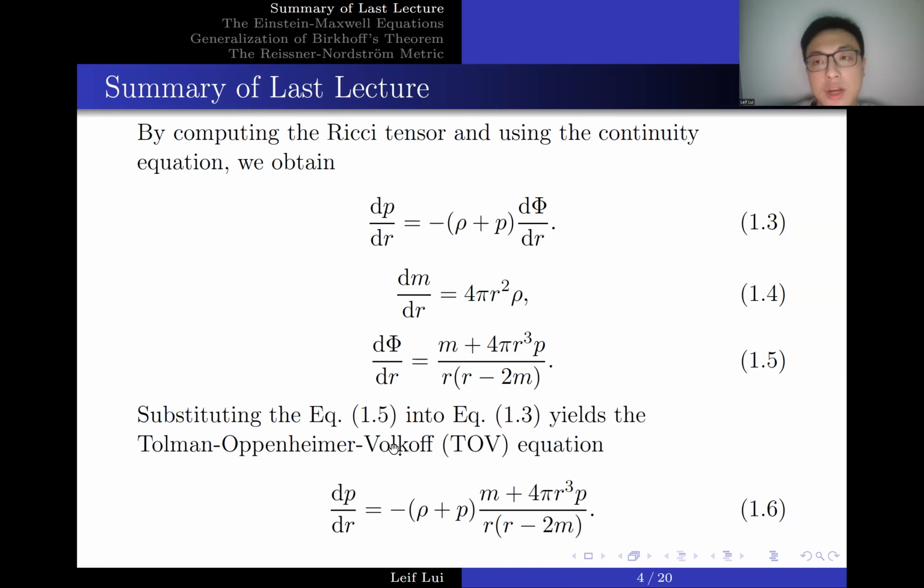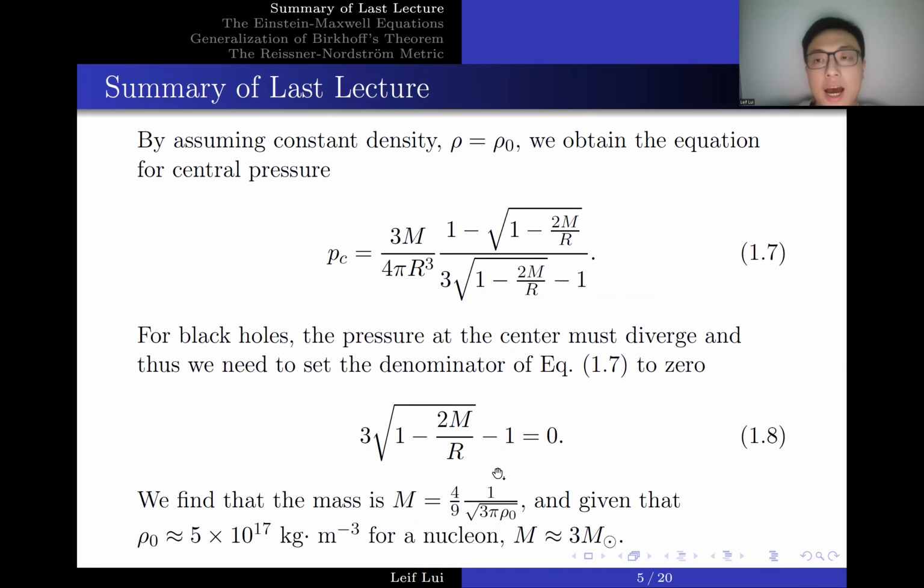And this is an equation that relates the pressure, radius, and the mass. Now, when we calculate the TOV limit, we can make some assumptions, and the simplest model is to assume that rho has constant density. And doing so, we obtain an expression for the central pressure.